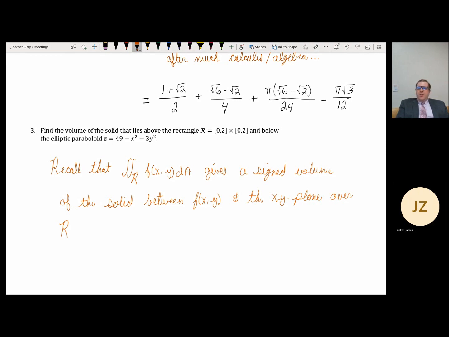We're trying to find volume of a solid, so we're going to want absolute value.